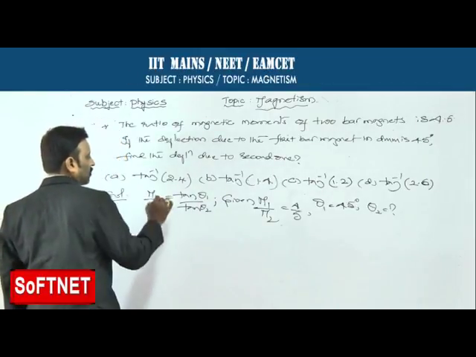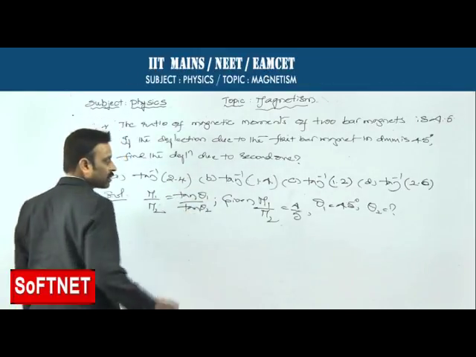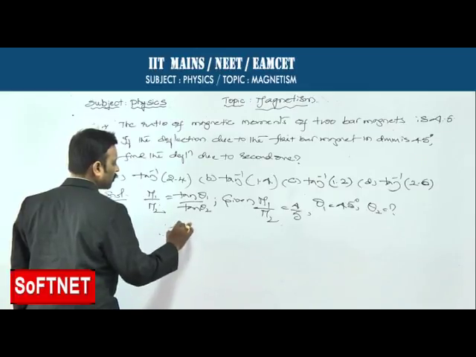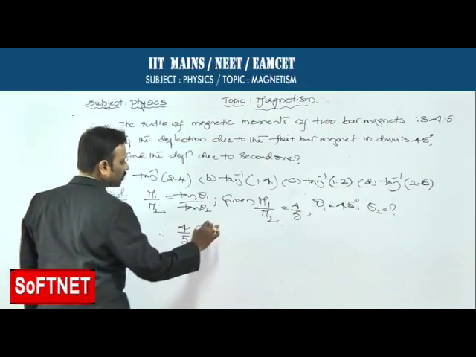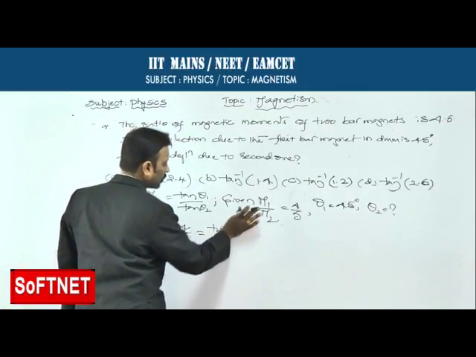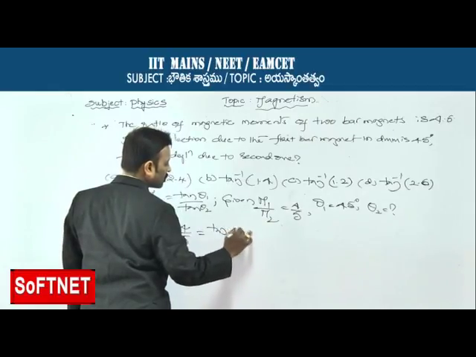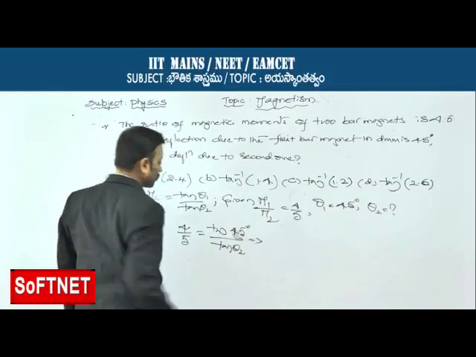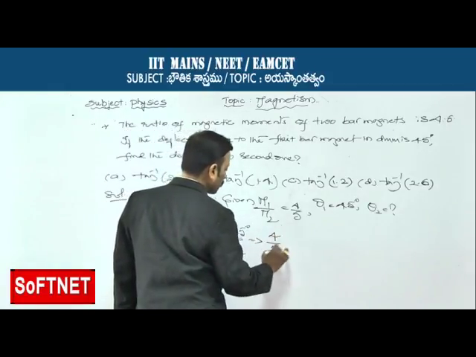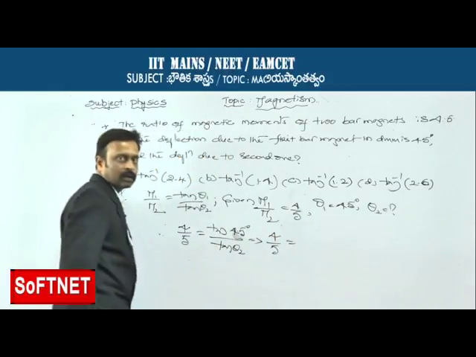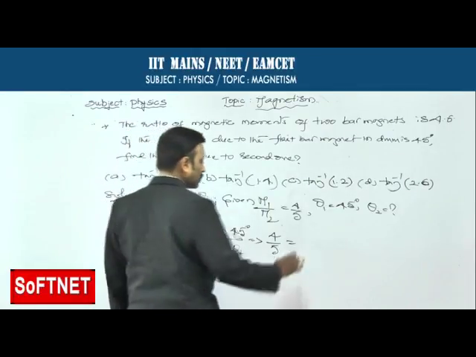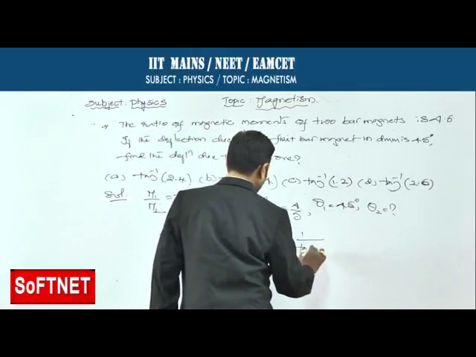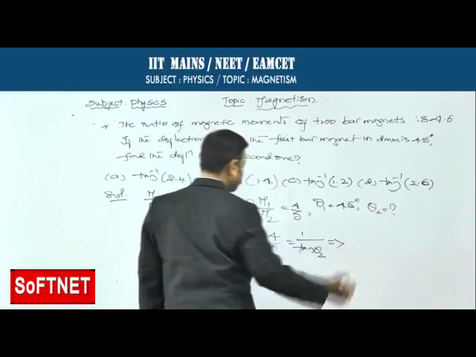Now, M1 by M2 is equal to tan theta 1 by tan theta 2. Therefore, M1 by M2, 4:5, is equal to tan theta 1, that is 45 degrees, by tan theta 2. That is, 4 by 5 is equal to the value of tan 45, which is 1, by tan theta 2.